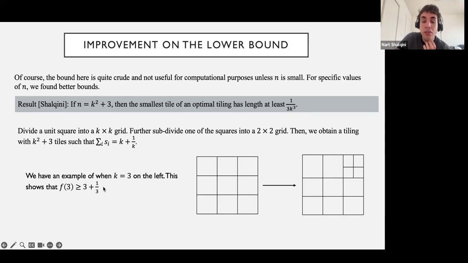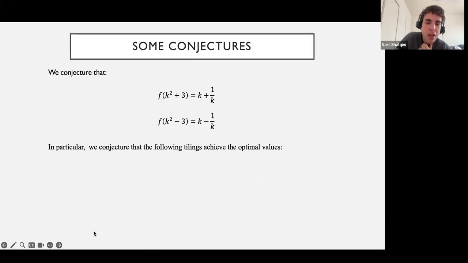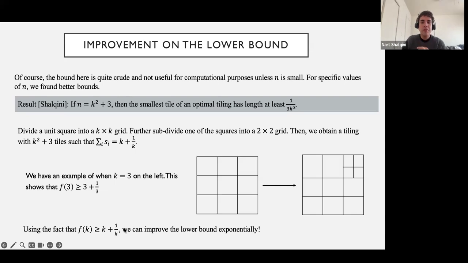So now if I want to look at optimal tilings, I have to make the assumption that f of n is greater than k plus 1 over k. And then using this fact, we can improve a lower bound, it turns out, exponentially. So this is good. And in fact, the proof for this was much easier than the proof using electrical networks.